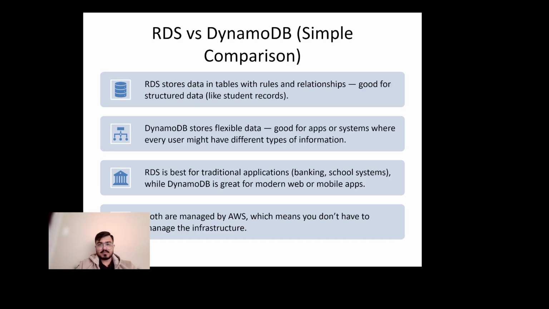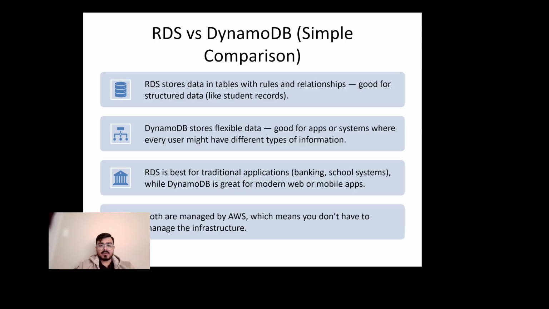So let's see some simple comparisons, RDS versus DynamoDB. Now let's compare RDS and DynamoDB in very easy words. RDS uses tables, perfect for structured data that follows rules. DynamoDB uses key value pairs, perfect for flexible data that changes often.